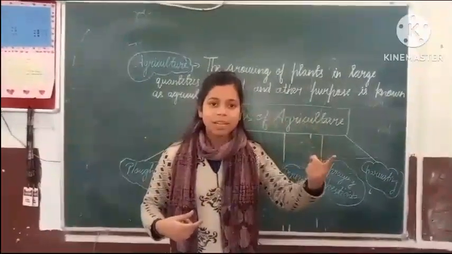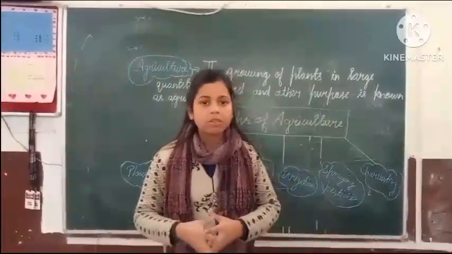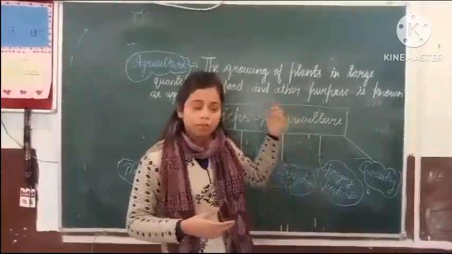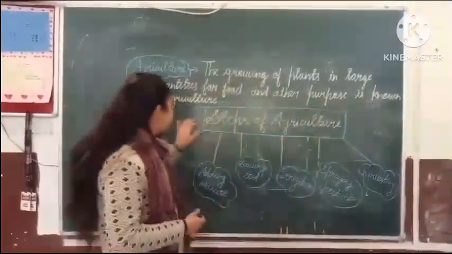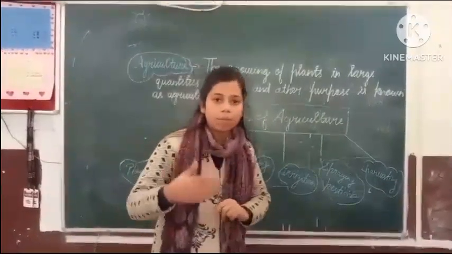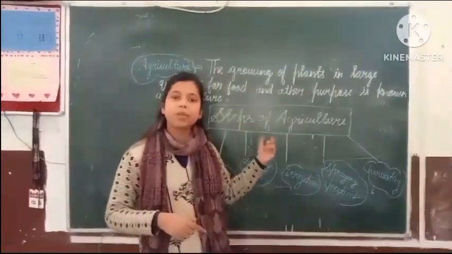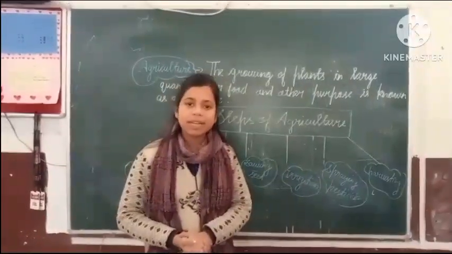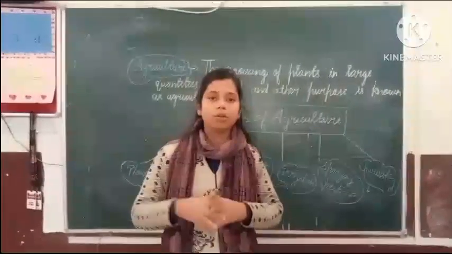From the plants, na? So for clothes also, so many other purposes, not only for food. Food is the main purpose, but the other purposes are also included. When we grow plants in large quantities for food and other purposes, it is known as agriculture. Understand agriculture? Good.